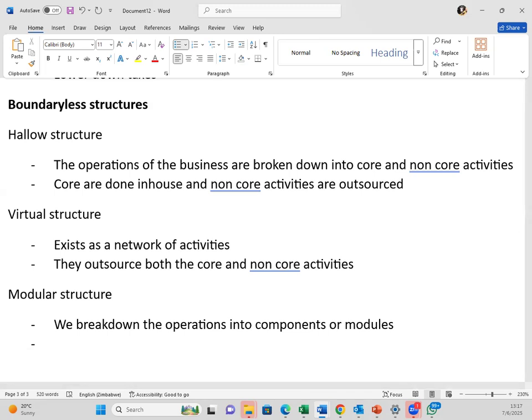We are going to need wheels, we are going to need the glass, so we can break that production into different components. Then we choose to produce some of the components, and we choose to outsource some of the components. So after we've broken down the production into different components or modules, any of the components can be outsourced.